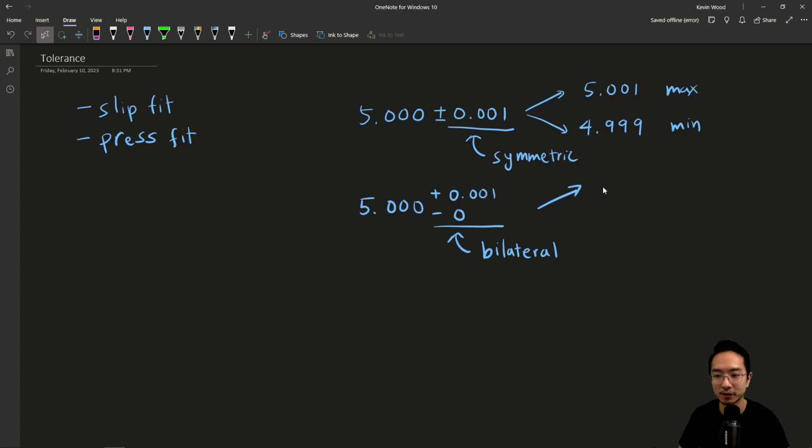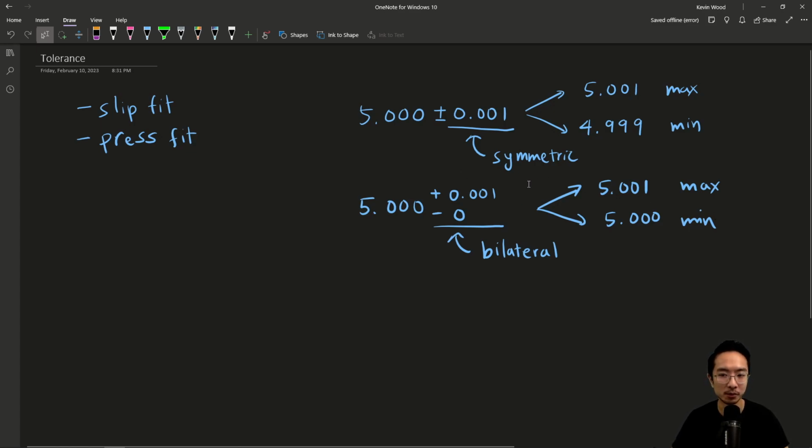So here you'll have a max of 5.001 and then a minimum of 5.000. Okay, so this is your max and this is your min. So these are the two main common ways you could write out a tolerance.